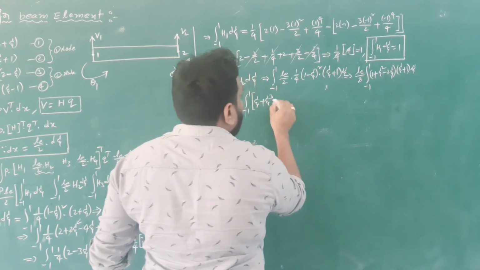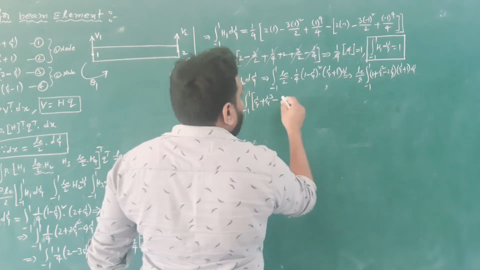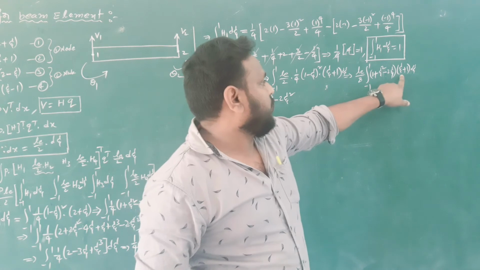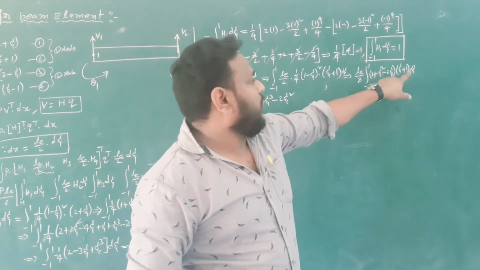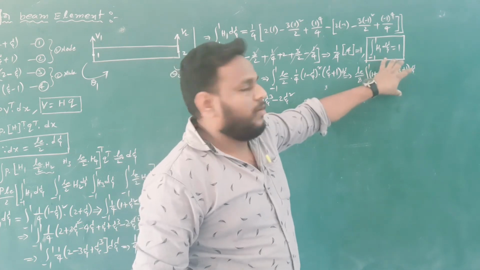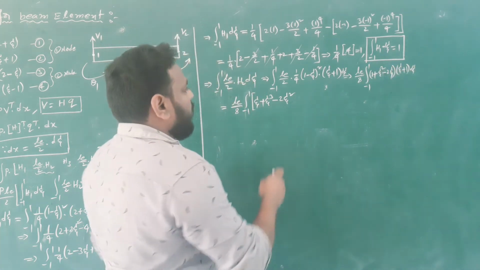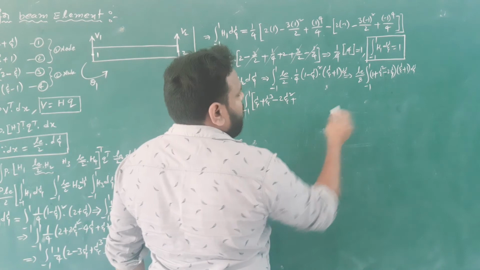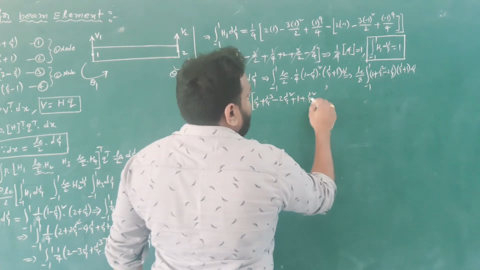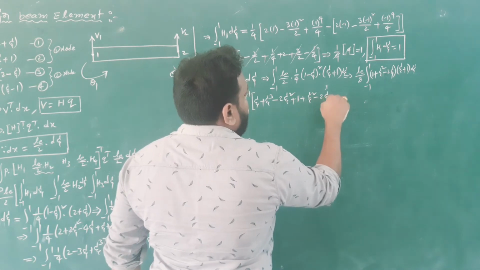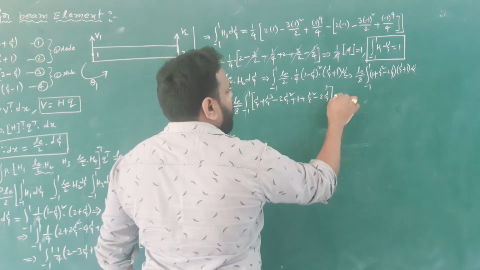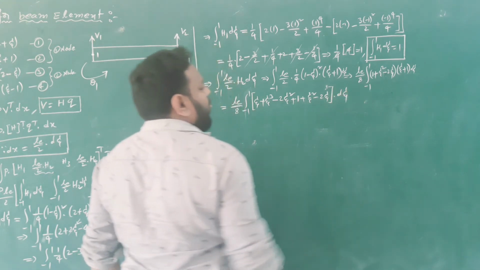Minus 2j into j, that is 2j square. I am multiplying with j first, and then I multiply with 1, then I will get the entire equation. Plus next, 1 plus j square, 1 into j square minus 2 into j, that is 2 into j into 1, 2 into j into dj.